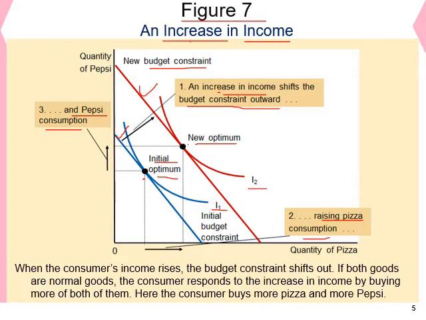So you can see that when income rises, the budget constraint shifts outward. If both goods are normal goods, the consumer responds to the increase in income by buying more of both goods. So here the consumer will buy more pizza and more Pepsi.